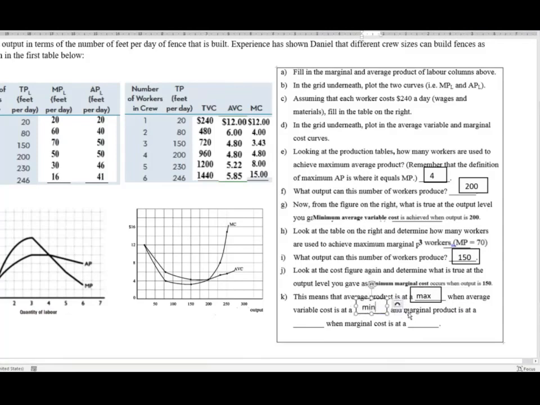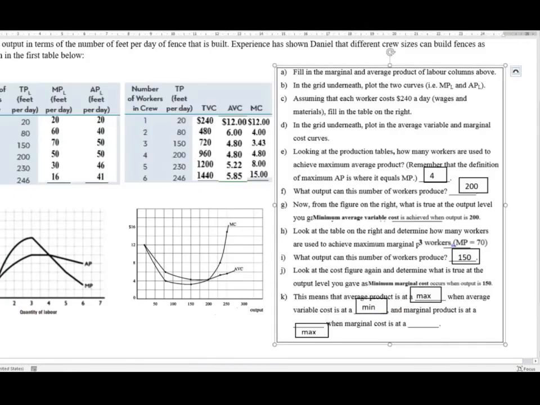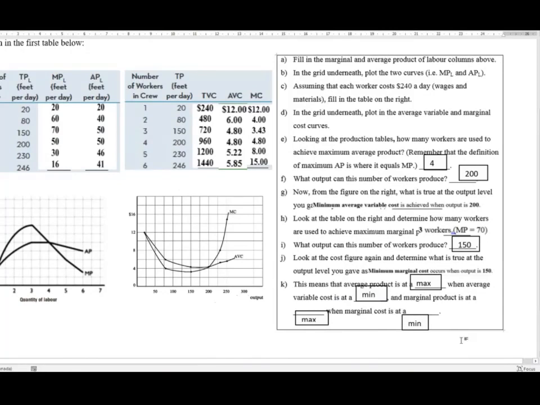And marginal product is at a maximum when marginal cost is at a minimum. In the last question, we realized that average product is at a maximum when the average variable cost is at a minimum, and marginal product is at a max when marginal cost is at a minimum. So again, the production curves are like mirror images of cost curves.